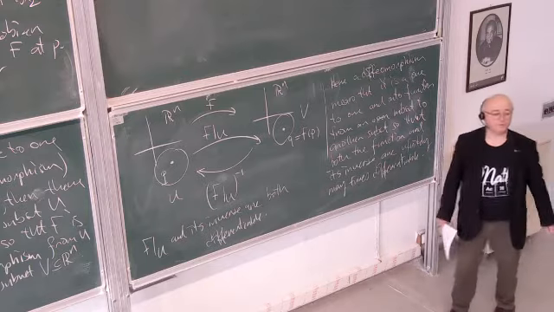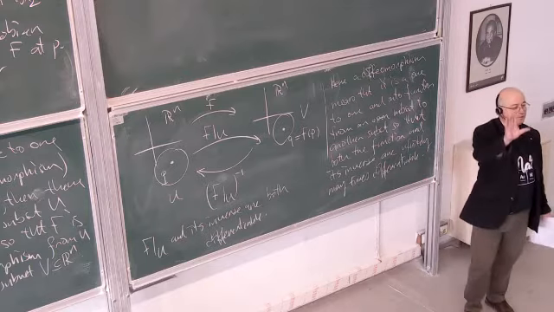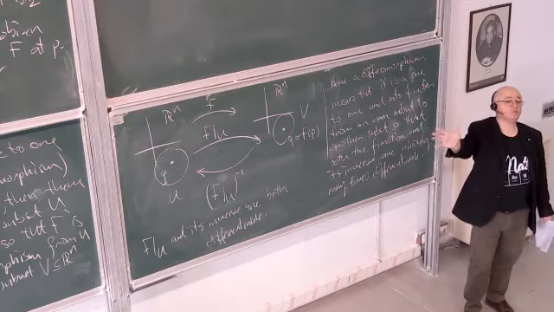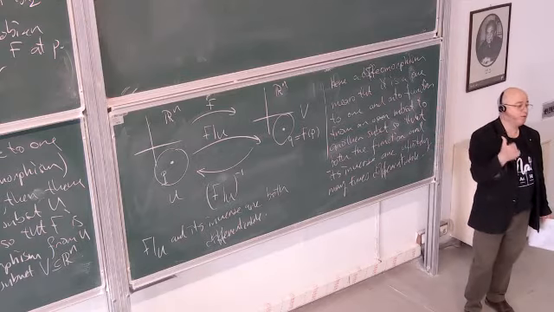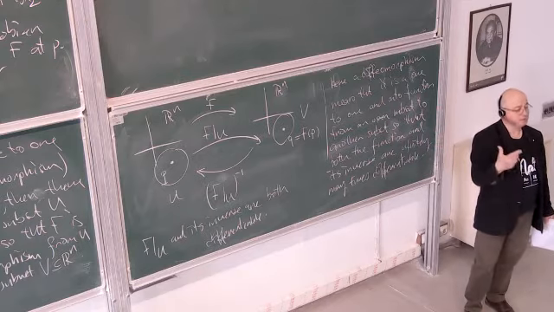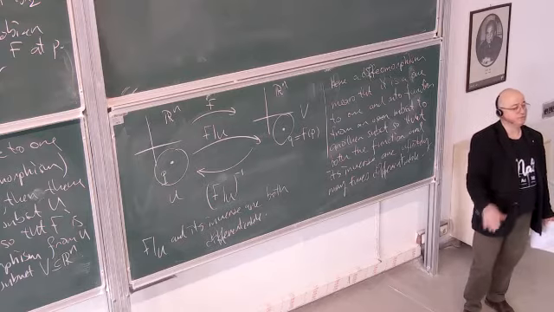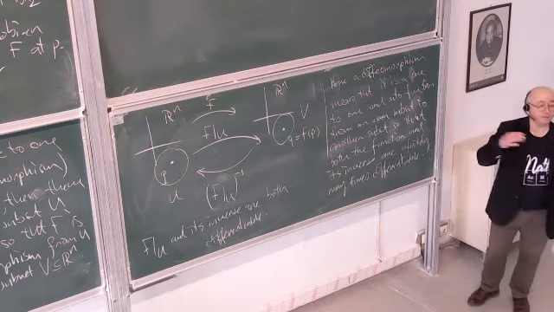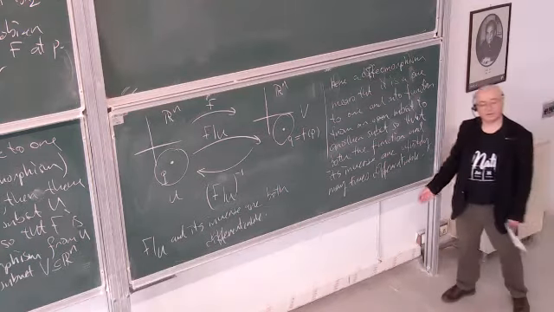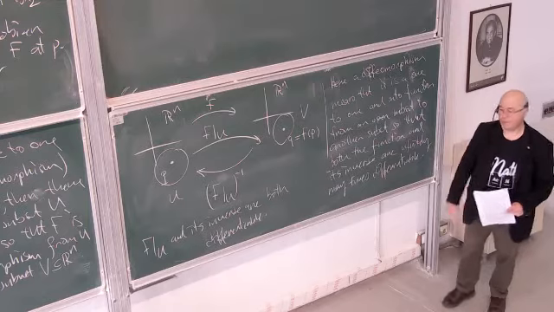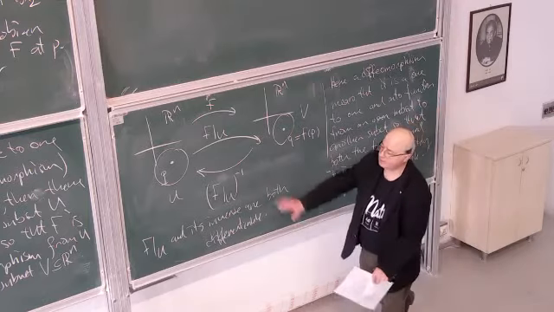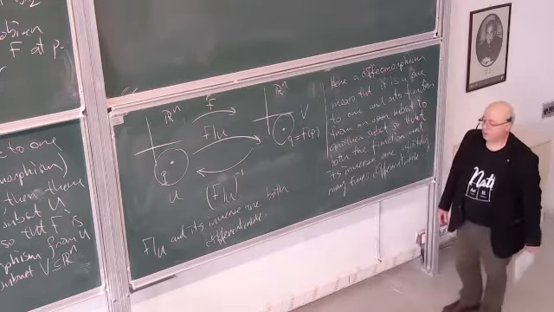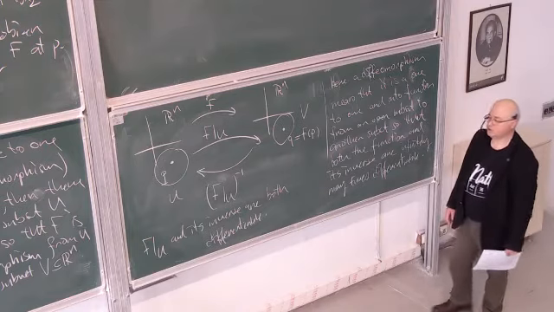So a diffeomorphism is this, okay? A diffeomorphism is a map from an open set to another open set. It has to be one-to-one and onto, and both the map and its inverse are differentiable infinitely many times. So you may take derivatives as many times as you want. Okay? And that's the statement of the inverse function theorem.